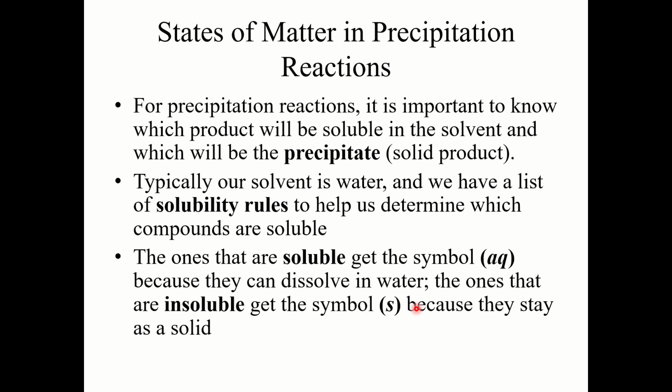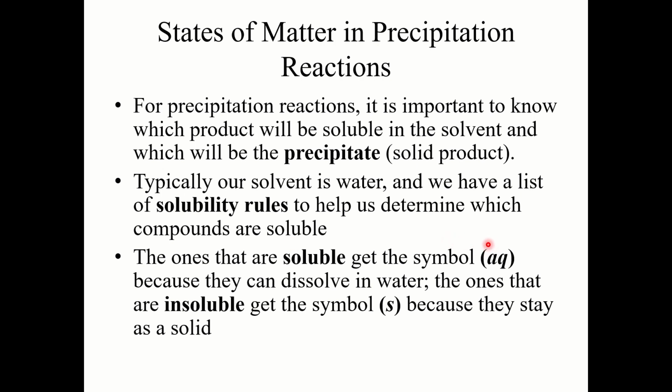Now for precipitation reactions, it is important to know which product is going to be soluble and which will be the precipitate, or the solid product. Now typically our solvent is water, so we have a list of solubility rules to help us determine which compounds are soluble. It's important to note here that compounds that are soluble get the symbol AQ.